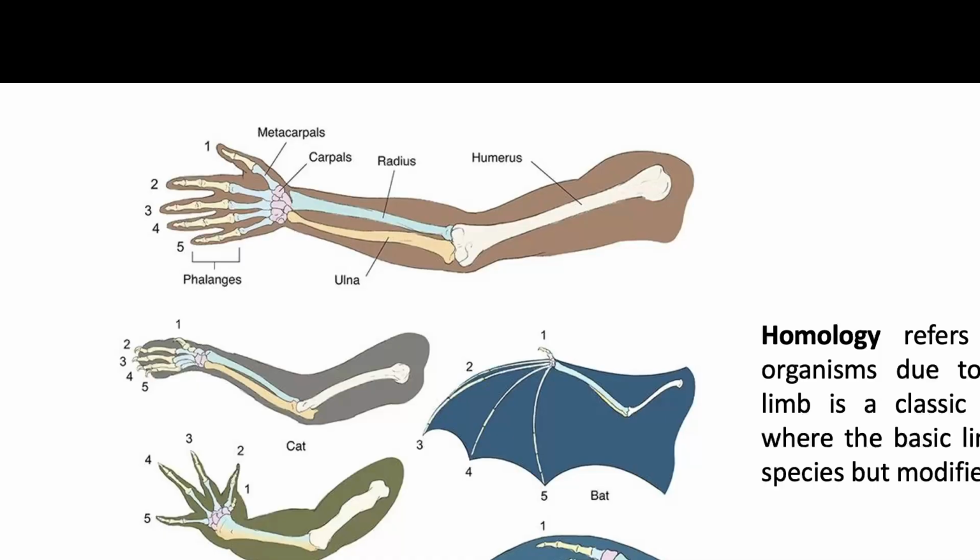So homology refers to similar basic body organization in two different organisms performing different functions, indicating that they have evolved from a common ancestor, or from a vertebrate common ancestor.